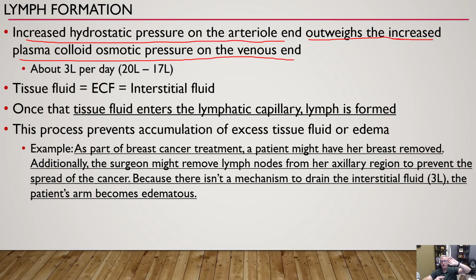Because of those two pressure differences, the hydrostatic pressure on the arterial end is going to outweigh the colloid osmotic pressure on the venous end, which is why we get that net of 3 liters per day.